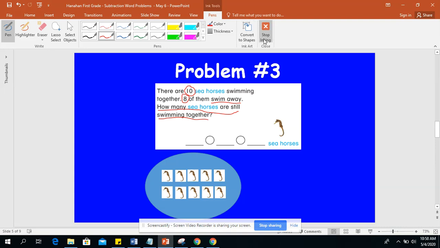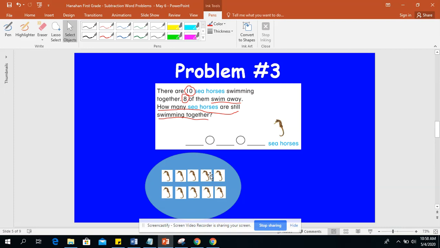So again, to help us, I have a picture here. Here are the 10 seahorses that were swimming together. And we know of the 10 seahorses, 8 of them swam away.